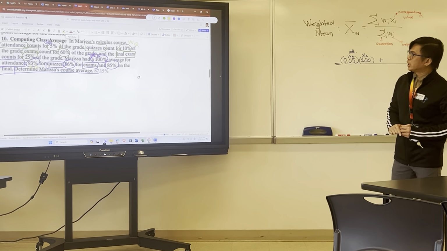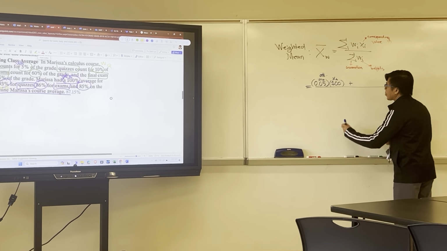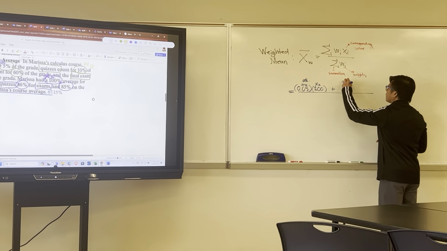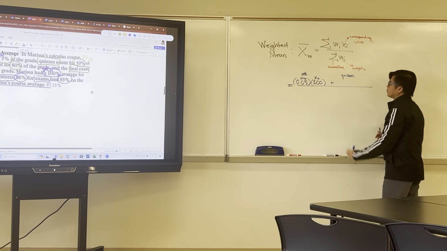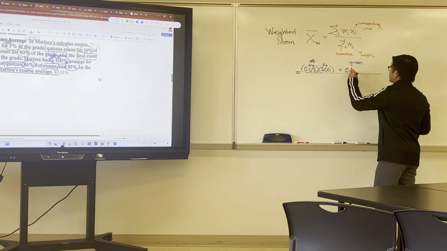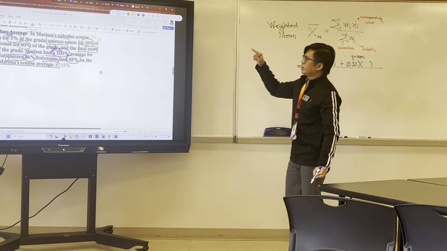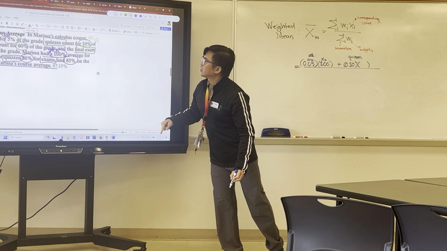So the weight for the quiz is 10%, and the grade for the quiz is given. So once again, 0.10, 10% multiplied by, what is the grade for the quiz? It says 93.